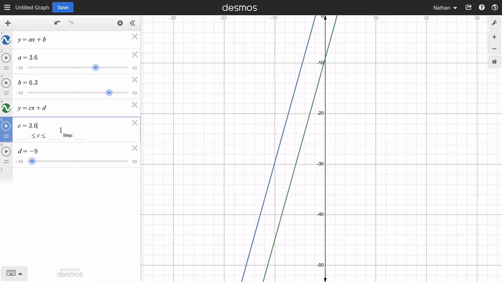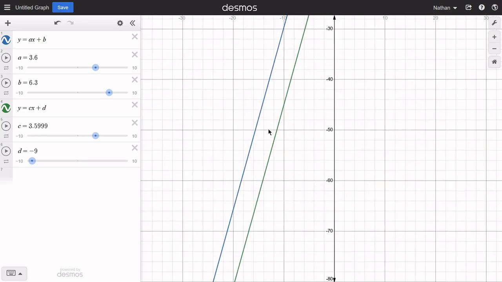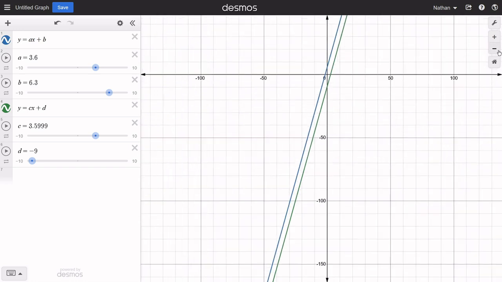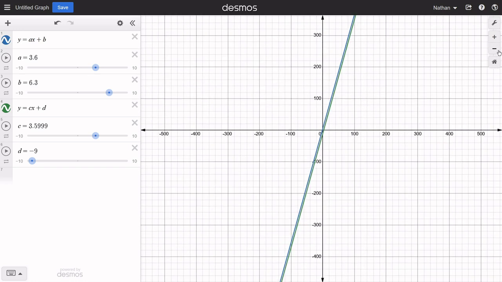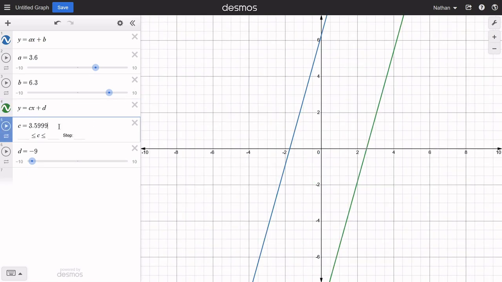If it's slightly off of this, right, if I do 3.5999, even though it looks like it's parallel, in fact it is not. At some point the two lines will intersect. I'm not sure where. Maybe down here or something like that, but it's a little bit easier to see if it's not so dramatically different. 3.58.